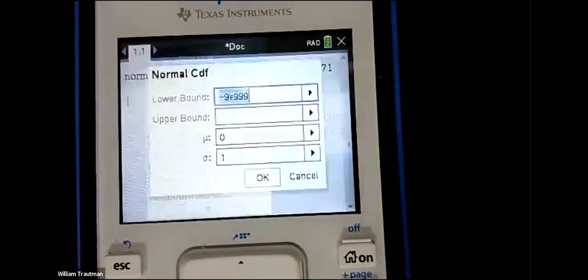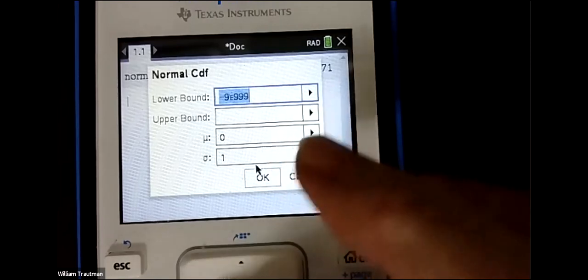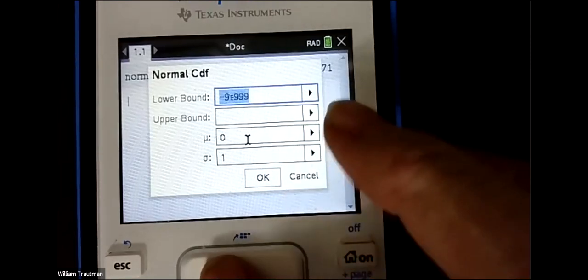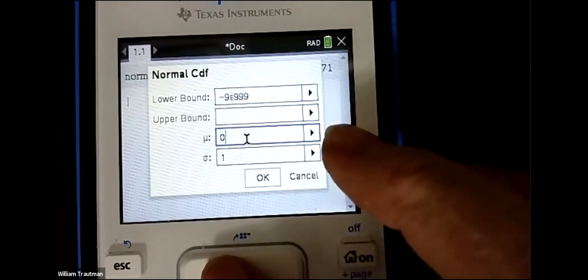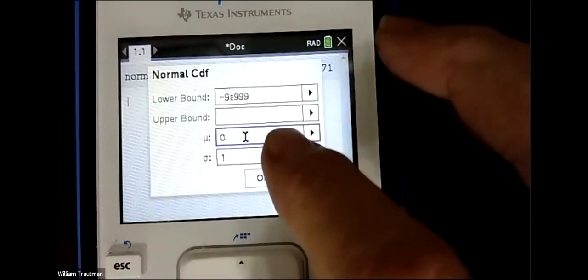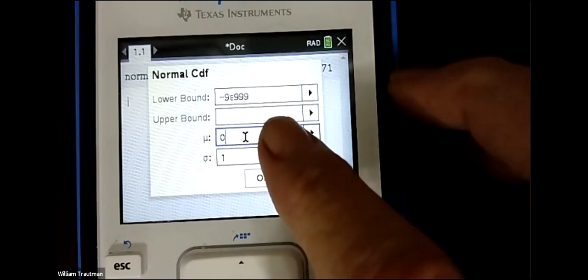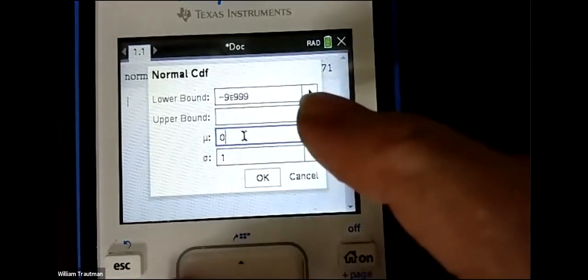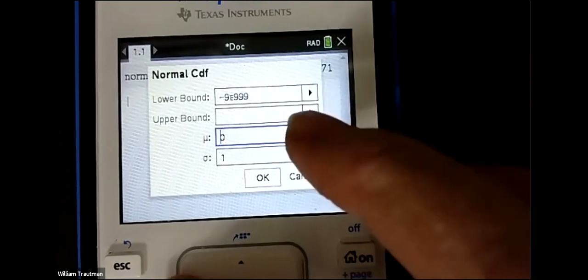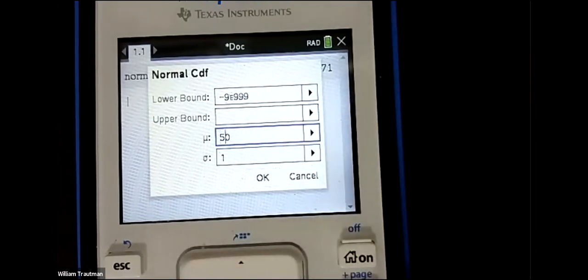If I go to menu 5 5 2, our mean on here says 0, but you can actually put the real values in here. Right now for 0 and 1, you use that if you're going to type in Z values up here. But if we don't want to type in the Z values, we can type in the actual numbers. The mean was 5.2. The standard deviation was 0.3.